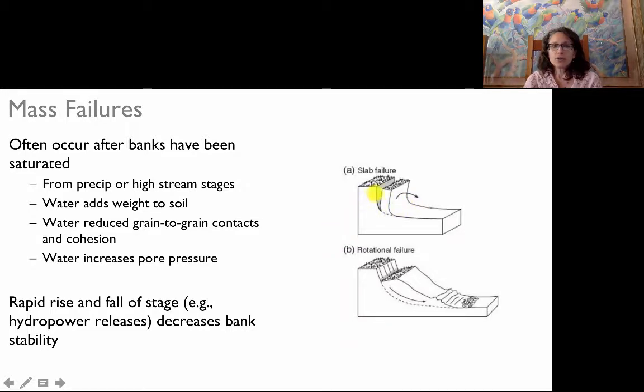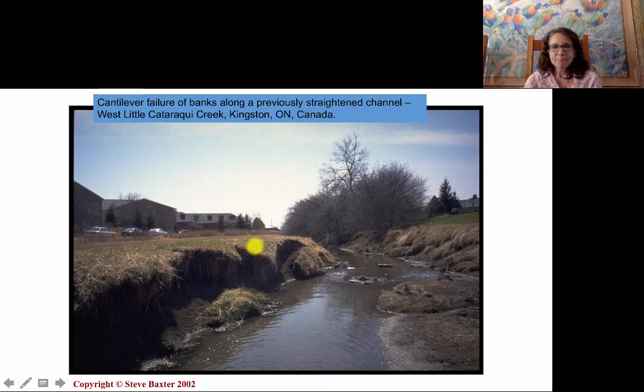Water also acts as sort of a lubricant, so it allows those grain-to-grain contacts to not be as strong, and it can also reduce cohesion. And like I said, you can end up with high pore pressure. And some examples. So here's a chunk that toppled, right? So that's toppling. This whole chunk here used to be vertical up here, right?